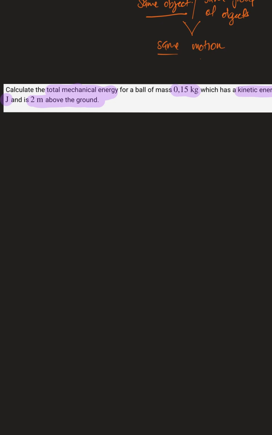So we're going to write down some information. They want EM. They're telling you that you have a mass of 0.15 kilograms. They say that you have an EK that's equal to 20 joules. And then they're saying that you have a height which is equal to 2 meters.